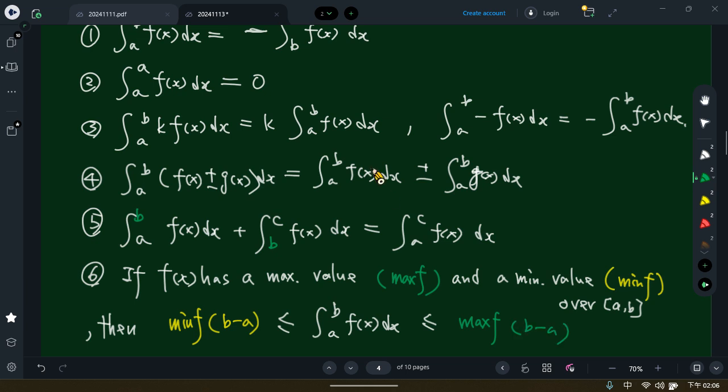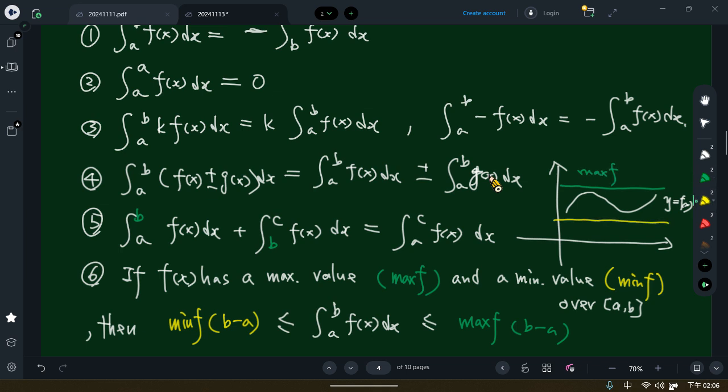It is not that hard to understand, so I can show you a figure. If we assume the function here, this is y is equal to f of x, right? There is a ceiling, we call it max f, and there is also a floor, we call it min f.